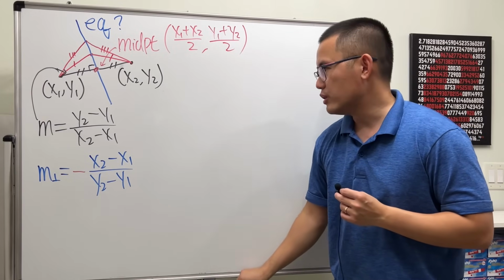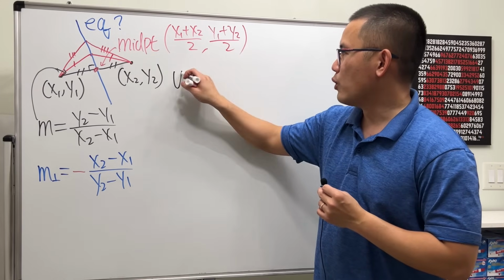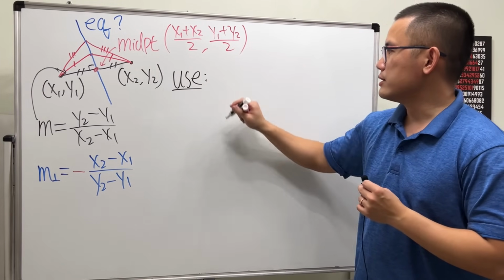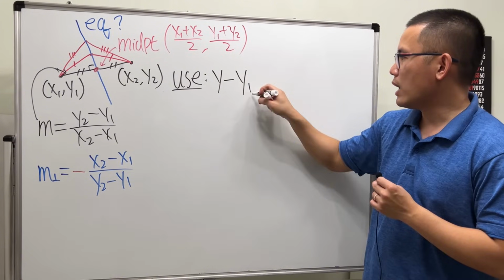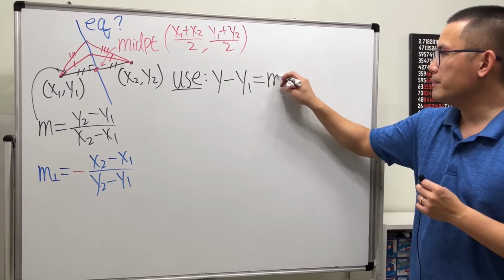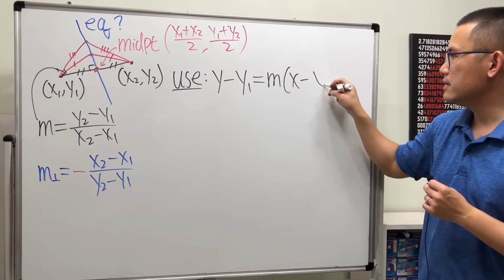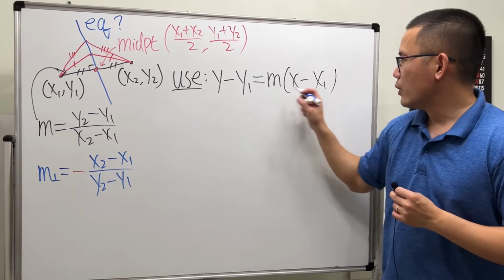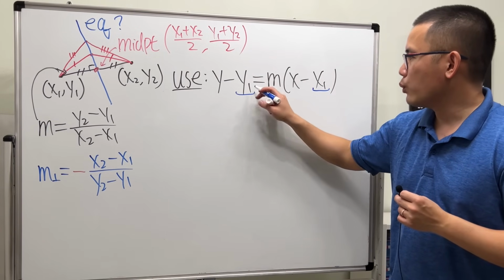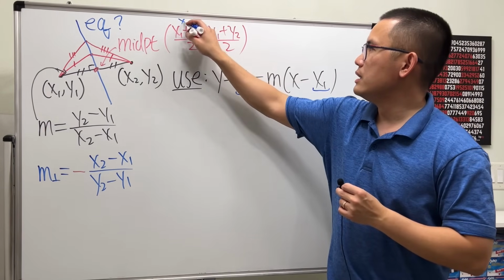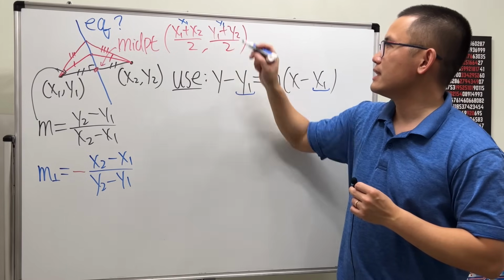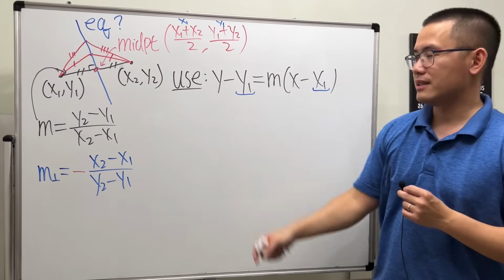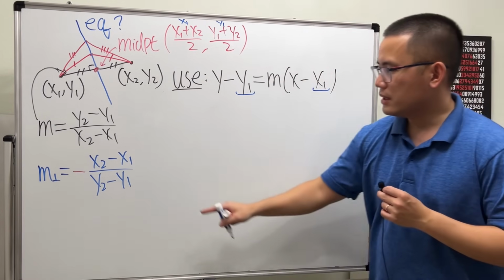We can use the good old point slope form of the line. Let's use y minus y1 is equal to m times x minus x1. Now, the x1, y1 here, it's meant to be this and that. Right? This and that. And then the slope is that.